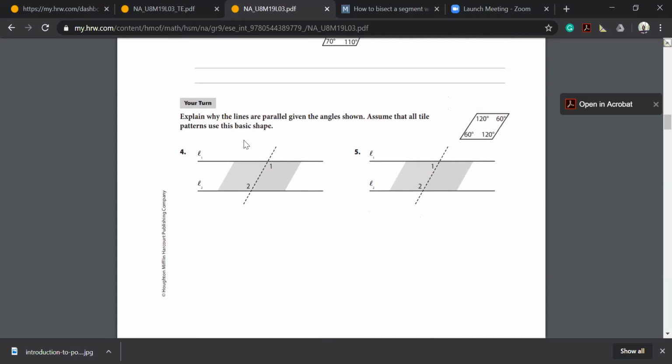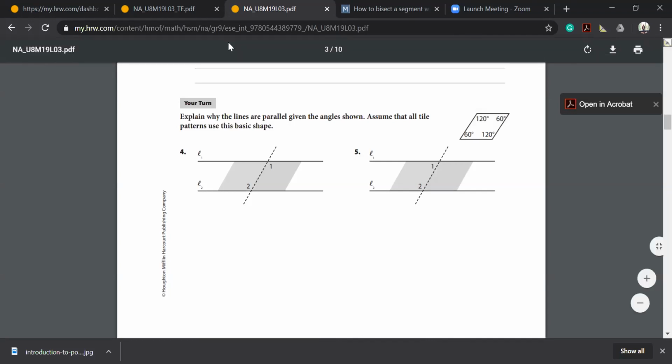And we said how many converses we have. We have 3. First of all, we have the converse of the corresponding angle theorem, the converse of the alternate interior angle theorem, and the converse of the same side interior postulate, right? This is what we said.